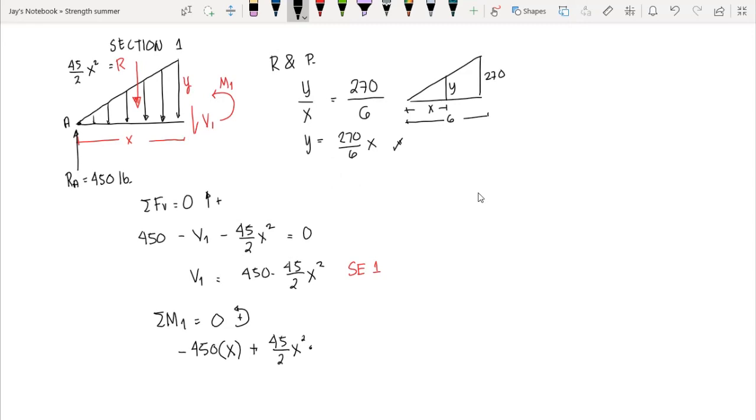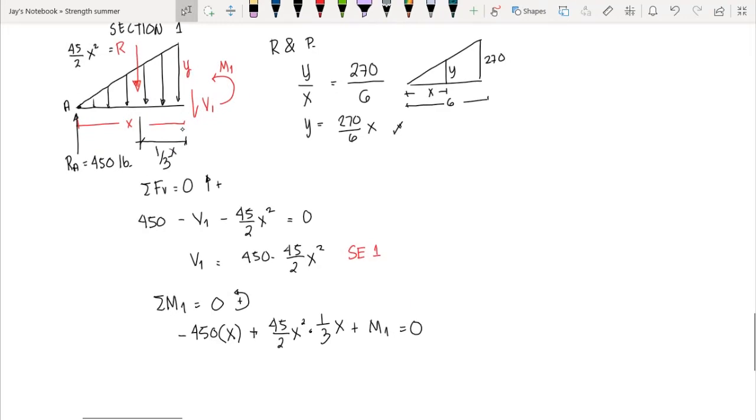We know that the resultant force is at 1/3 of x distance from our section 1. So we have 1/3 x, plus moment M1 is equal to 0.